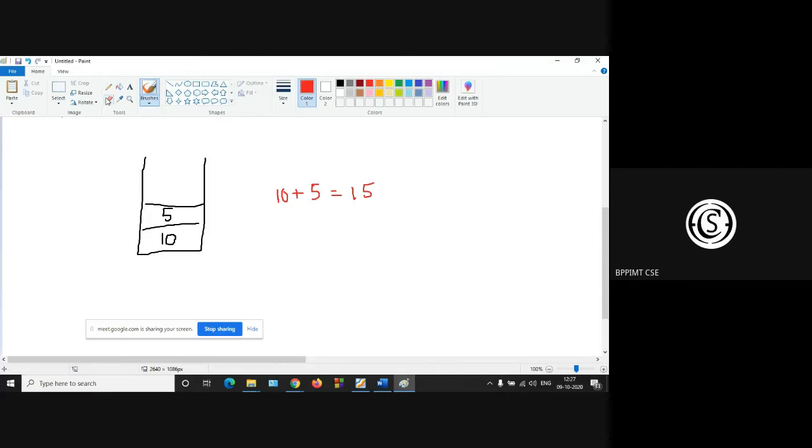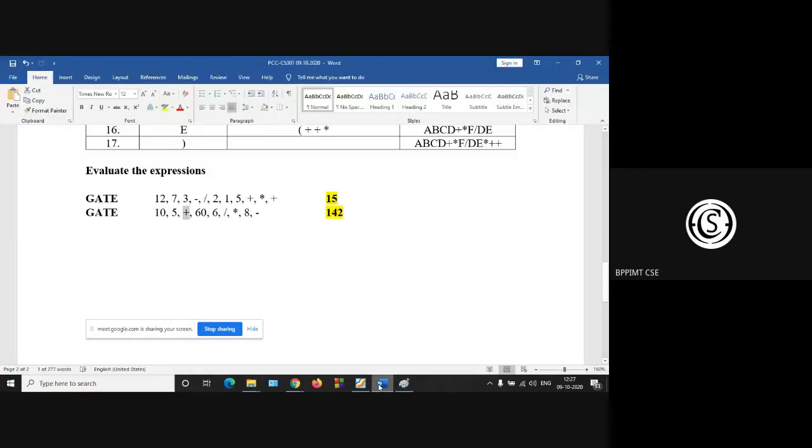Okay, so pop these two operands and write the final result here, 15. What will be the next one? Next one is 60.